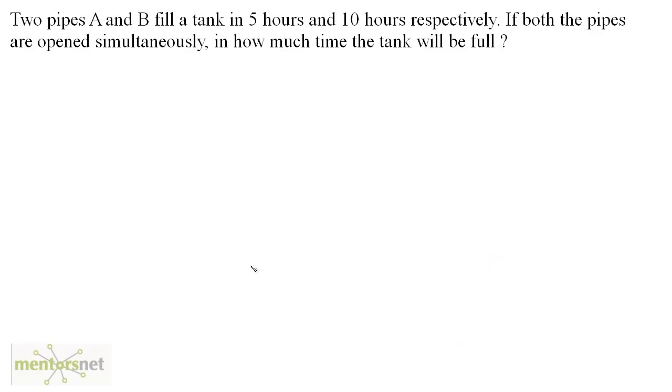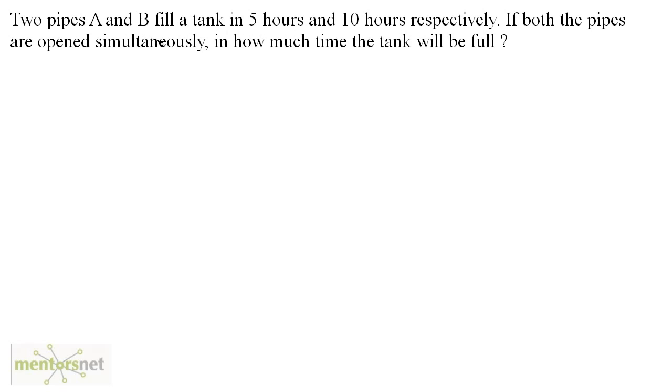The question is: two pipes A and B fill a tank in 5 hours and 10 hours respectively. If both the pipes are opened simultaneously, in how much time will the tank be full? Well, there are two pipes which are filling the tank and no pipe which is letting water out. It is given that A fills the tank in 5 hours.